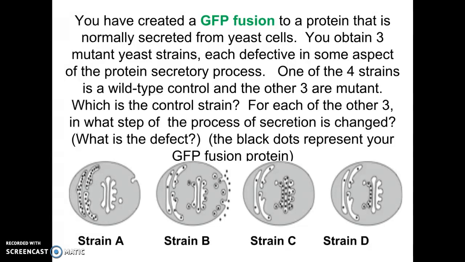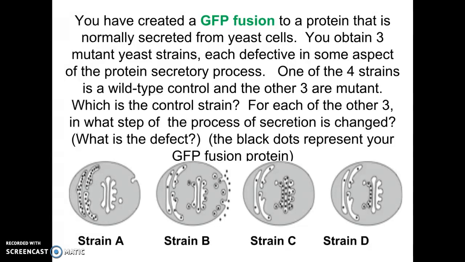So what's wrong with strain A? There's some fault in the movement of the protein from the ER to the Golgi. So it can't move the protein out of the ER. What's wrong with strain D is movement through the Golgi.